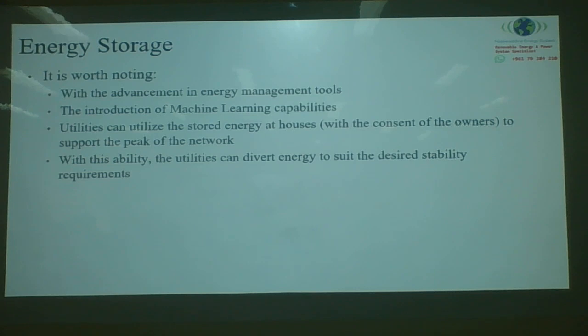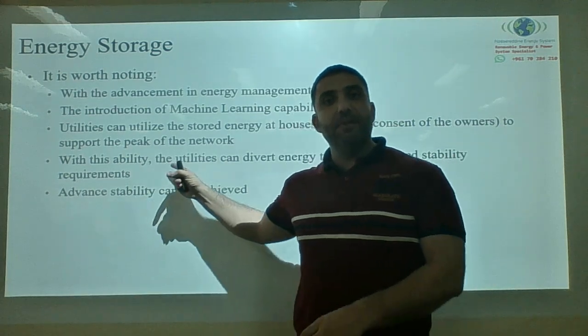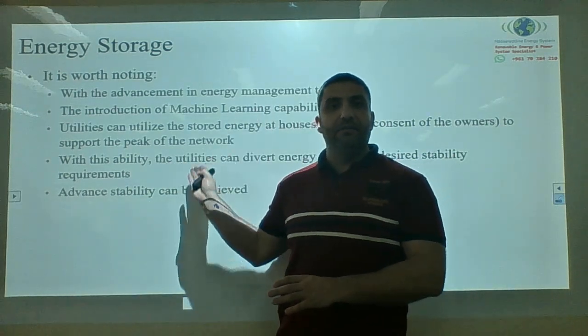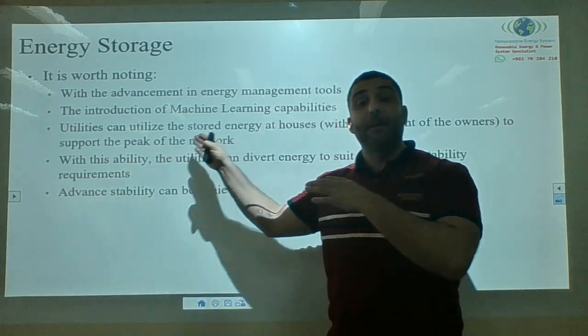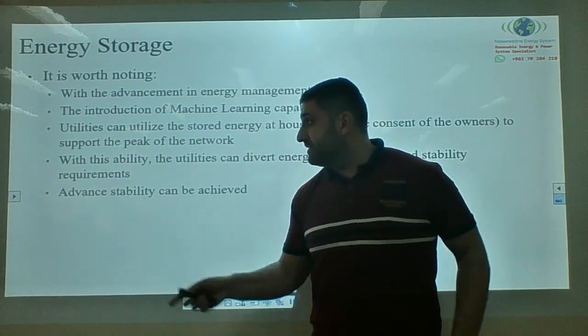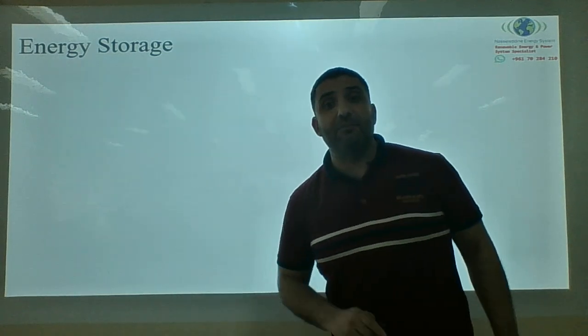With this ability, the utility can divert the energy to suit the desired stability. So now, machine learning, AI, automation, energy management, photovoltaic battery system will advance, and stability can be achieved when it comes to the grid.